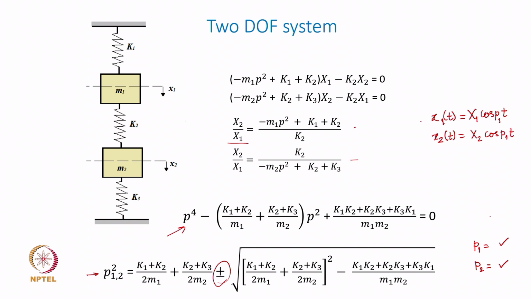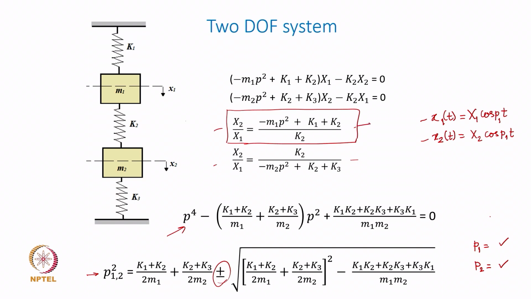So mass M1 and mass M2, both of them will oscillate with the same natural frequency P1, and then they will have amplitudes X1 and X2. Now, these are the relations, this one and this one, but both of them basically give you the same amplitude ratio.